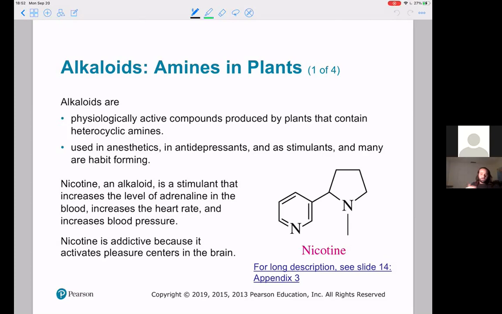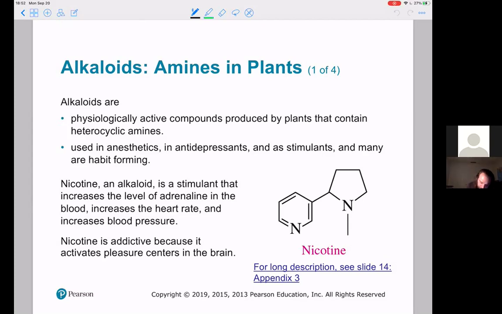So we're going to see some examples of these, okay? Nicotine is one of them. Nicotine is, of course, a compound that's naturally produced by a tobacco plant and is a stimulant in human beings if we ingest it, right? It's highly addictive. I'm sure we all know that. It also has other effects on us as a stimulant. It increases levels of adrenaline, your heart rate, your blood pressure, all that sort of stuff.